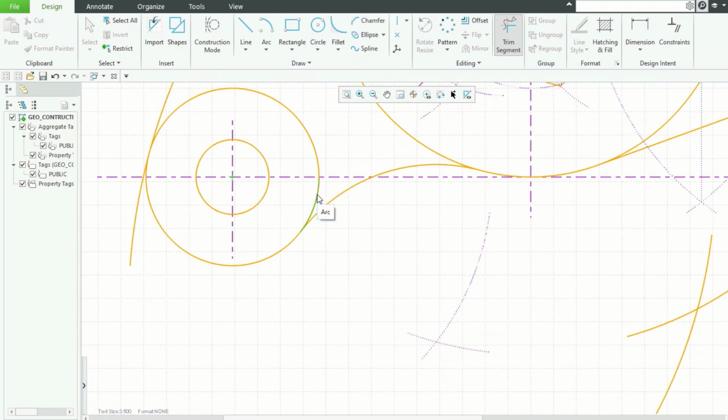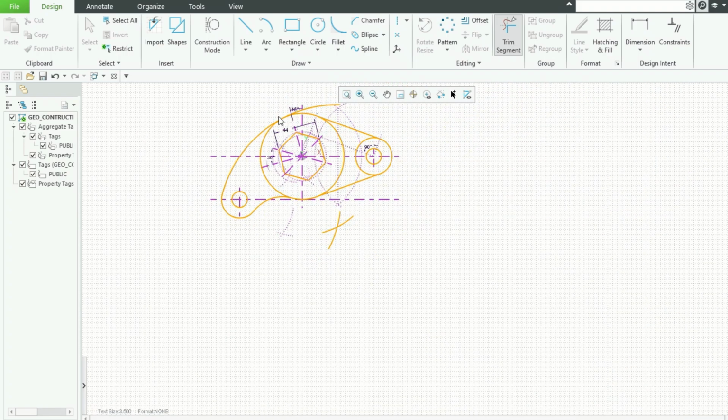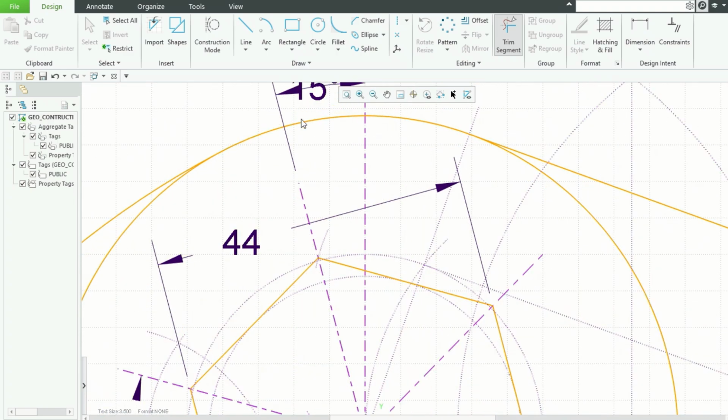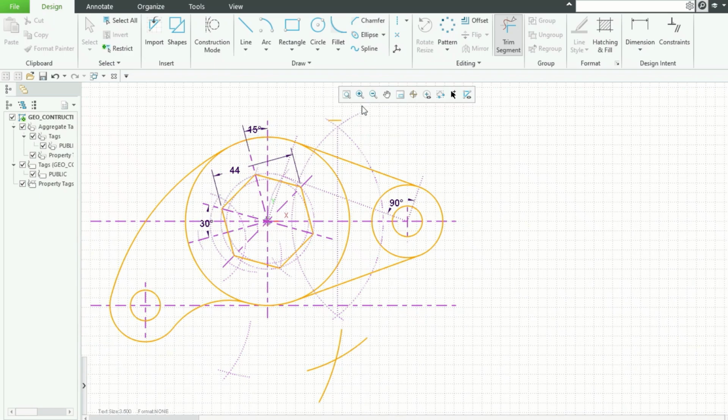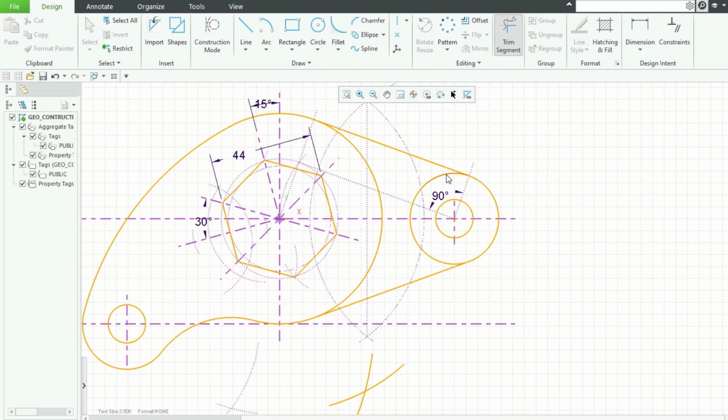This one, this one, this one, here also, this one. We don't need these curves, this portion of the curves.